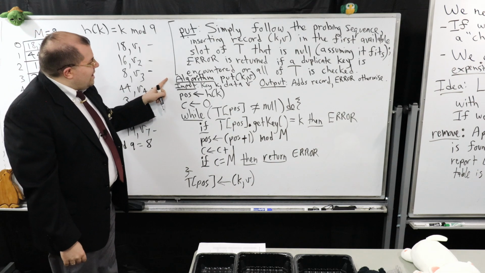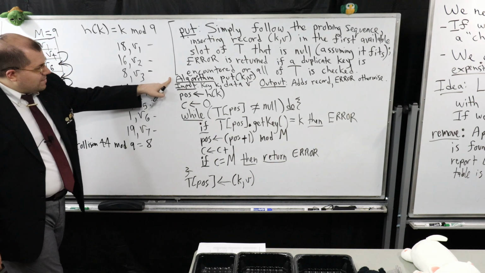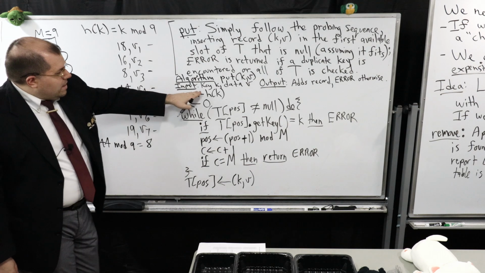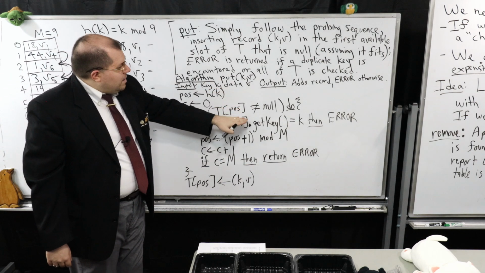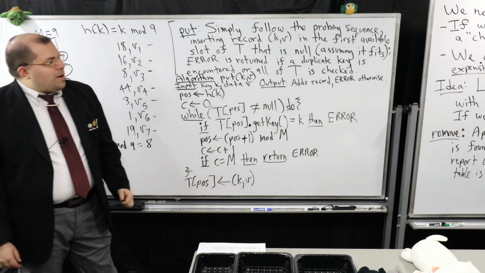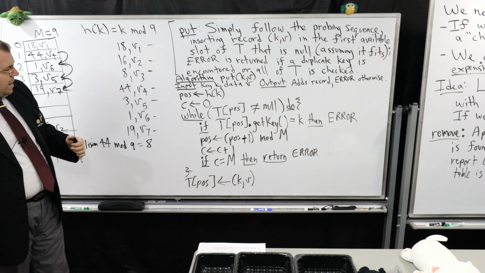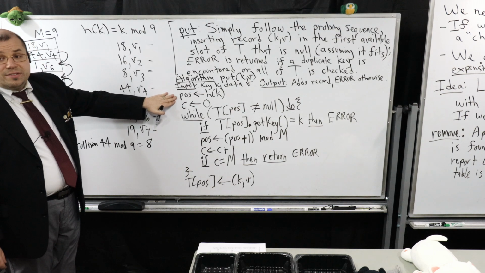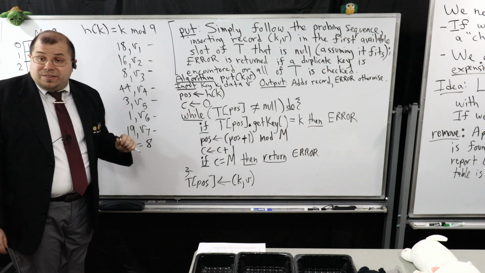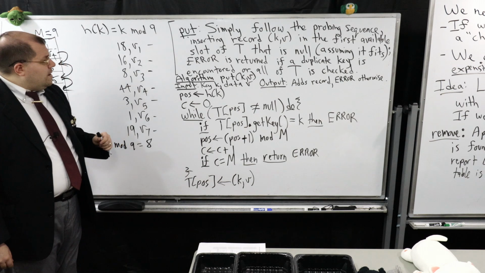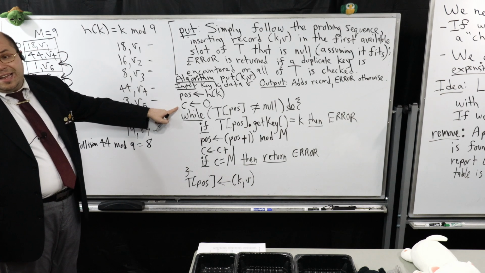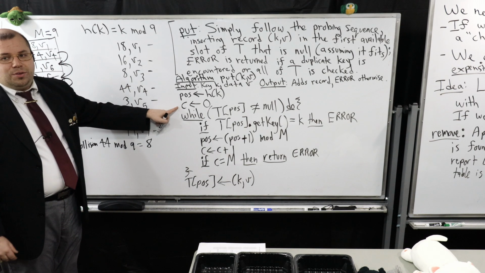So, anyway, here's some pseudocode for this. I have put, with input being key and data. The output adds a record, error otherwise. I'm assuming it's adding it correctly. I've just abbreviated this because of space. The first thing I always do is apply the hash function to tell me what position I should be starting at. Then I have this counter variable, just like in my get algorithm that I gave you last day.